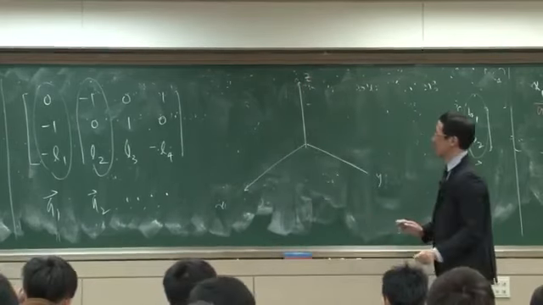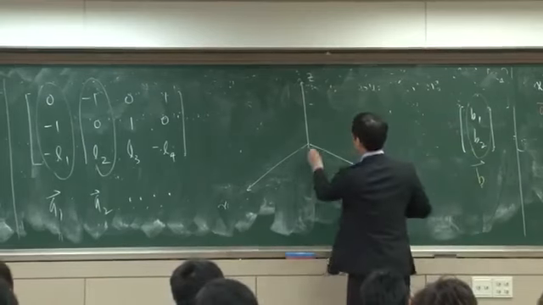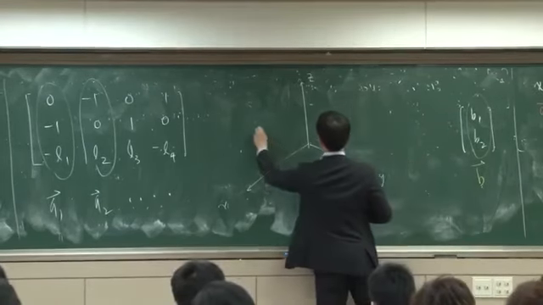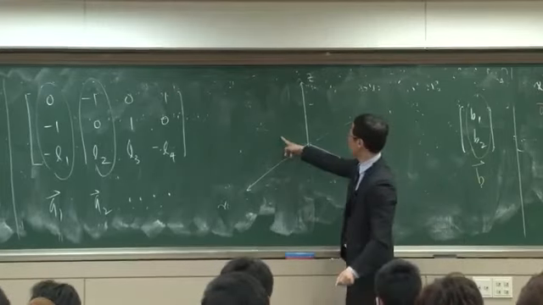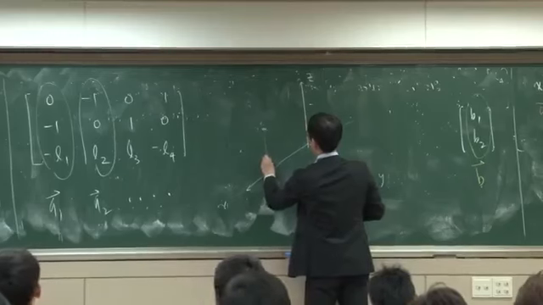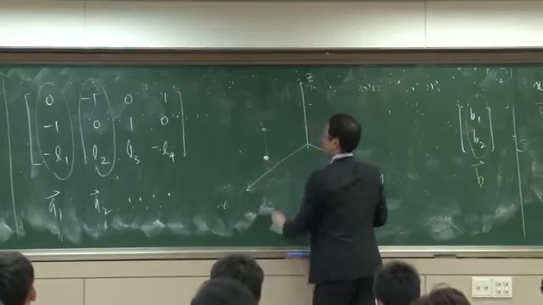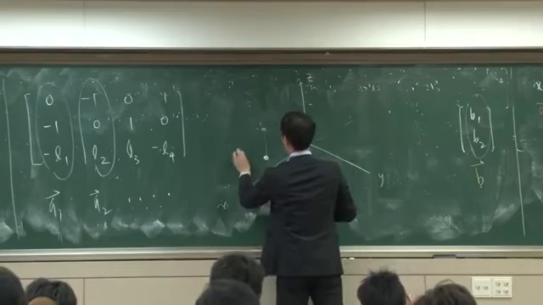Okay, let's draw A1. A1 is 0, minus 1, minus L1, so probably around here. So that's my A1.